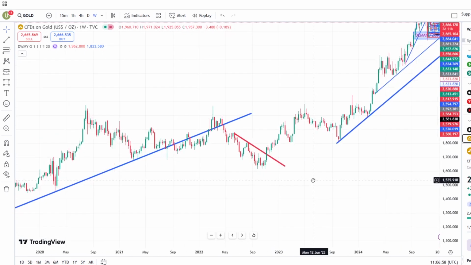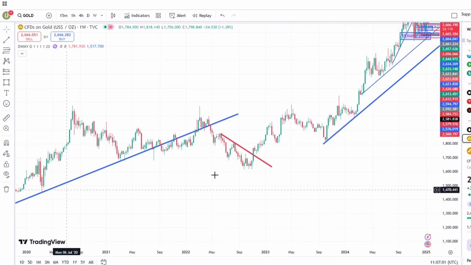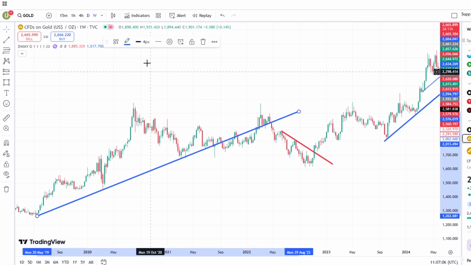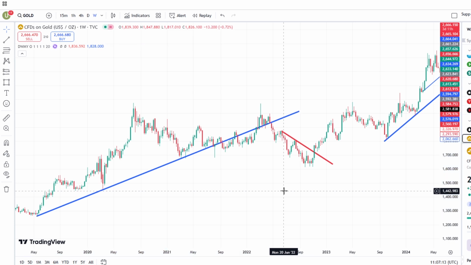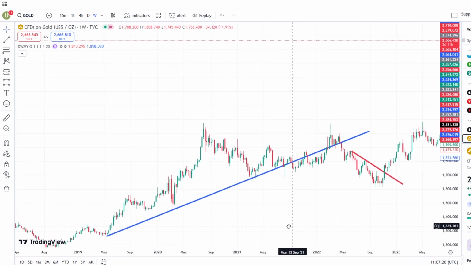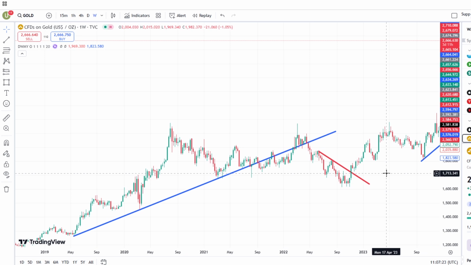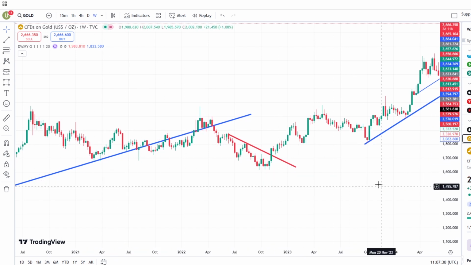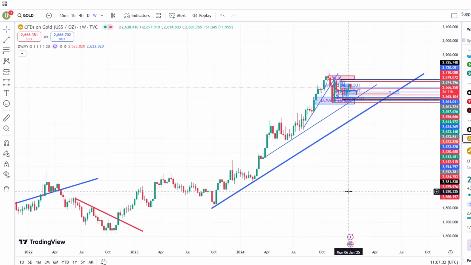Usually I make my weekly trend lines 4 pixels and I make them blue, because sometimes when you look at the chart in your daily time frame or your 4-hour time frame, you can't see whether you've hit your weekly trend or what. So here we had an uptrend, downtrend, uptrend.